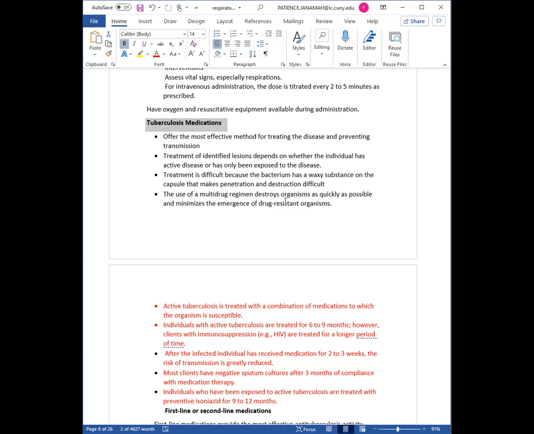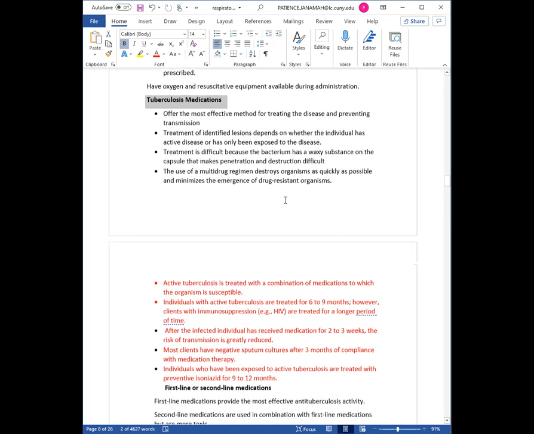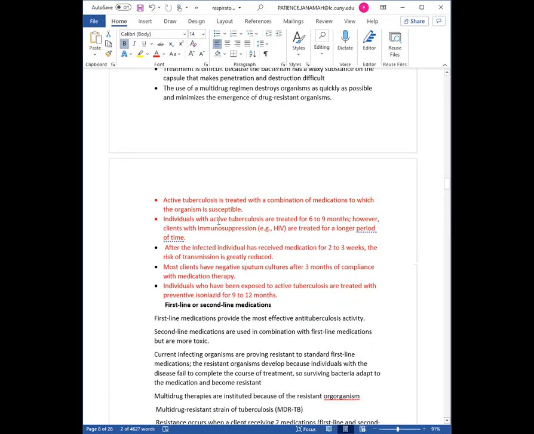I highlighted this in red: active tuberculosis is treated with a combination of medications to combat the organism that is susceptible. We combine many medications to be able to combat the organism that is causing the active tuberculosis. Individuals with active tuberculosis are treated for 6 to 9 months.